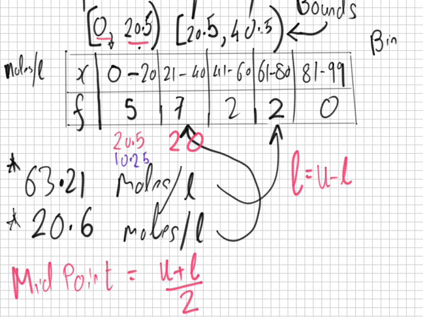That's 61 divided by 2, which is 30.5, and so on. So these are called the midpoints of the classes. So now we have the lower boundary of the class, the upper boundary of the class, the length of the class, and finally the midpoint of the class.